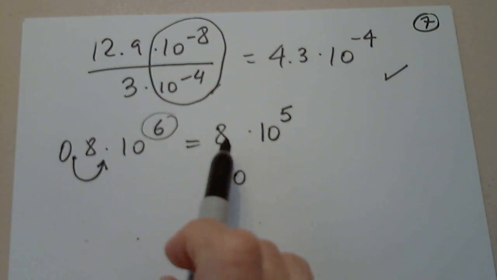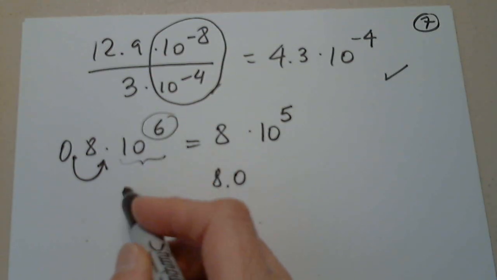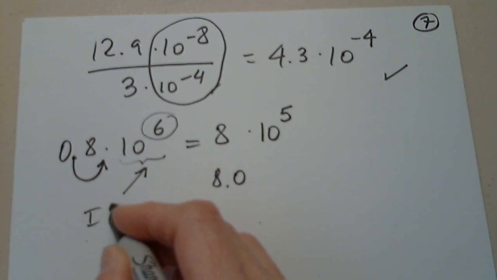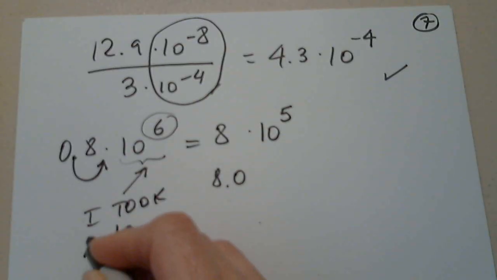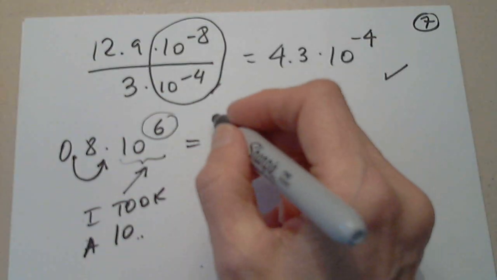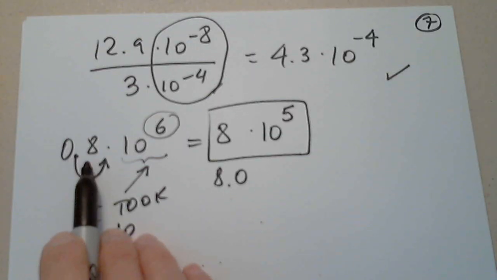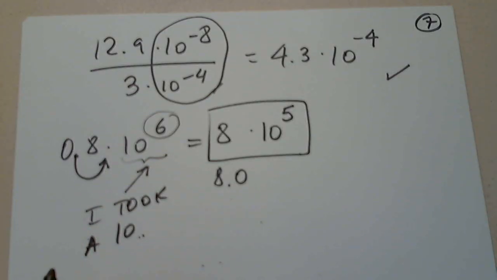I multiplied by 10 to get 8, which means I borrowed from here. I took a 10 from 10 to the 6th. This is the same thing as 0.8 times 10 to the 6th power.